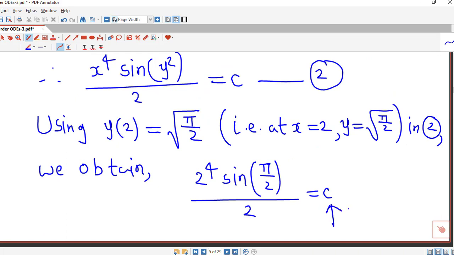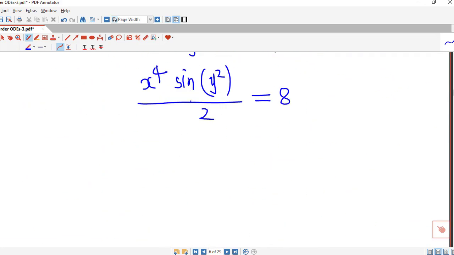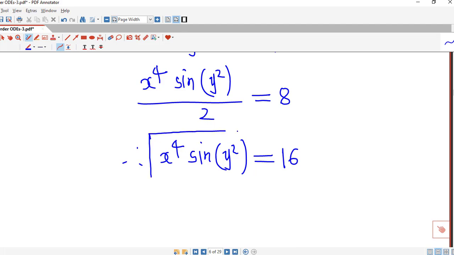Here we put c equal to 8. The left hand side is x raised to 4 sin of y square divided by 2. So therefore the final solution of the given initial value problem is x raised to 4 sin y square equal to 16.